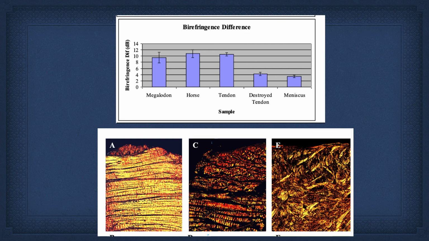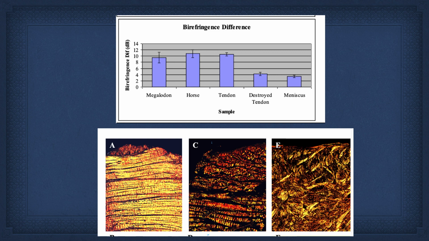If we look on the top, the megalodon tooth, the prehistoric horse, and the tendon were all highly birefringent. And then we took the tendon and exposed it to acid, and it lost the birefringence. And meniscus is less birefringent. It's fibrocartilage, remember, than a tendon.